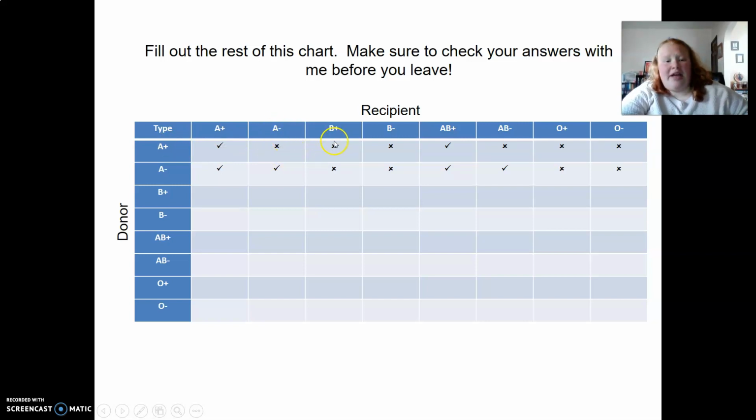I have it X'd for B positive and B negative. I have it checked for AB positive because that has the A antigens, but not for AB negative because the donor has the Rh antigen, and then marked out for O positive and O negative. There will be a key that you can check on the Haiku before you move on to your IP.